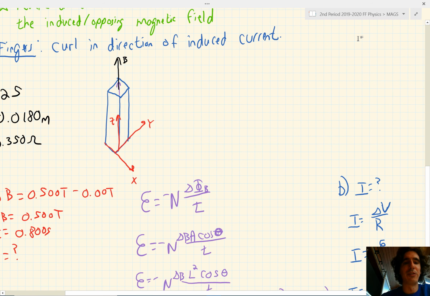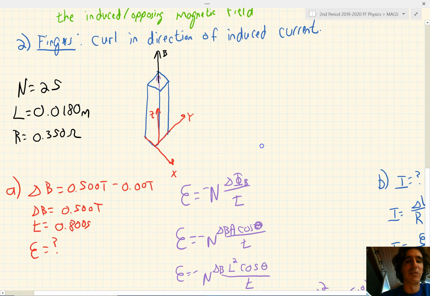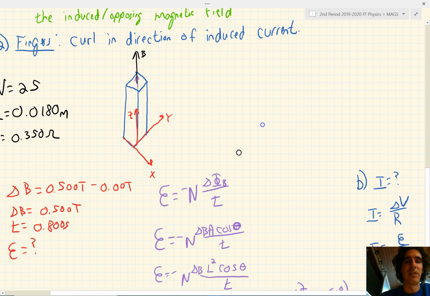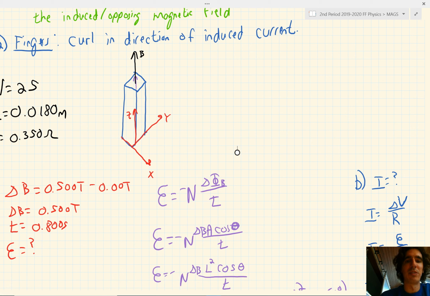Now let's look at our picture to determine the direction of the current. We know that the magnetic field is increasing, as we're told it goes from 0 to 0.5 teslas. And we also know that the magnetic field is pointing upwards, or in the Z direction. So the first thing we want to do is take our thumb. It's going to point upwards in the Z direction to represent the north magnetic field.